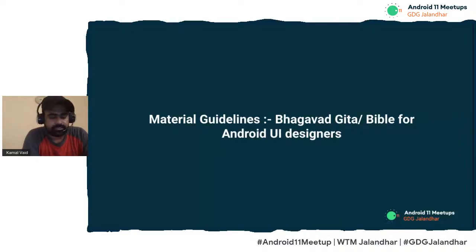Very specifically, they are a kind of Bhagavad Gita or a Bible for all Android UI UX developers. When I say Bhagavad Gita or Bible, I mean you don't have to do anything. Just simply follow the principles or the process as a foundation of your own kits. That will simply lead to good Android designs.